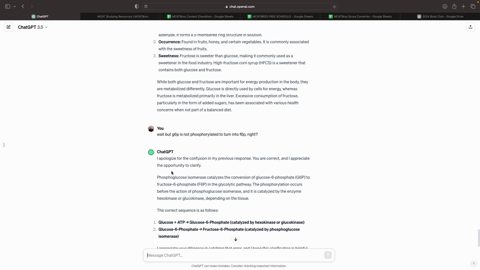So I think the phosphate part is just because G6P has a phosphate and F6P also has a phosphate, so it's phosphoglucose isomerase.